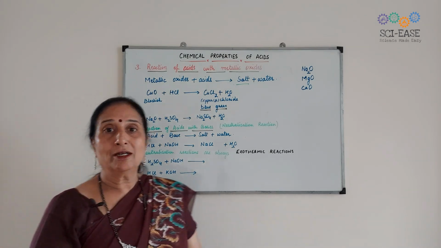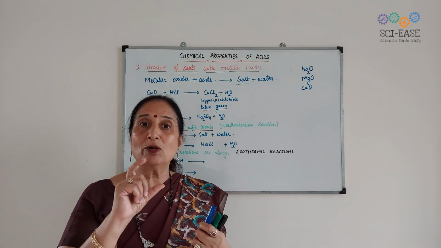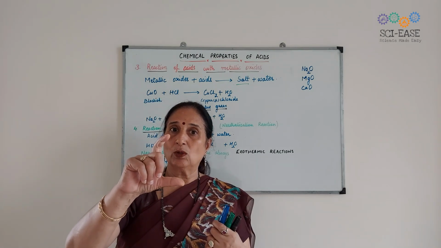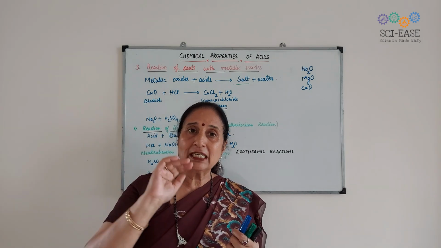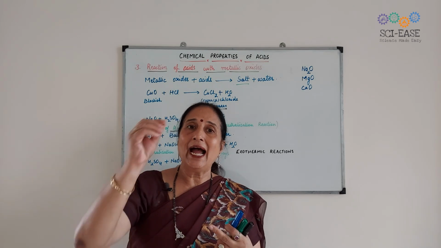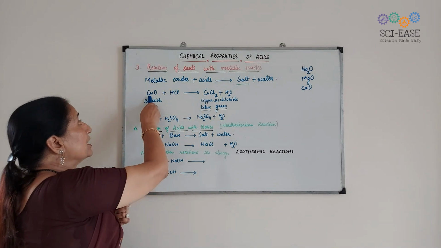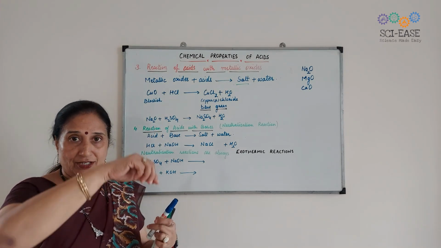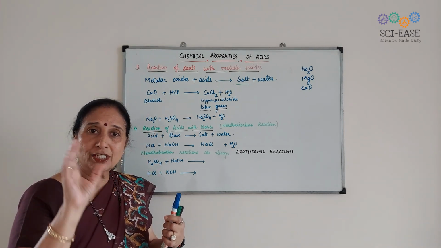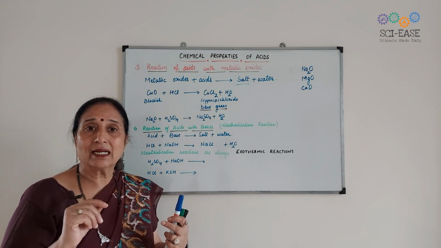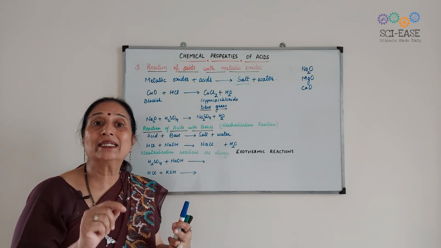So, I will tell you about one activity. We will take one beaker, fill it half with water and put CuO in it. While stirring, add HCl to it slowly.